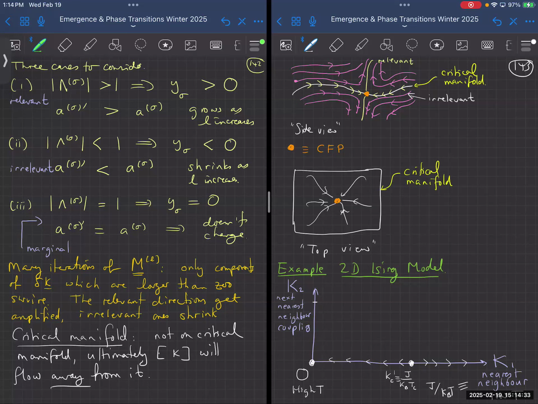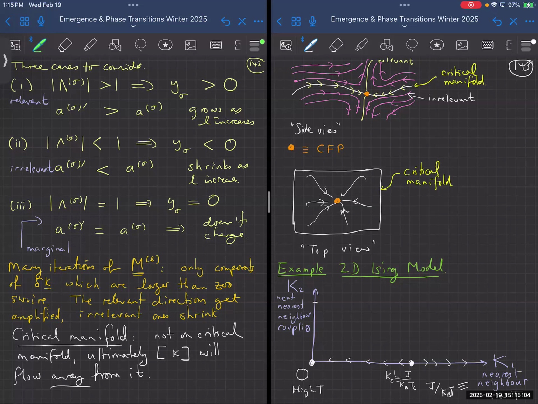So you could say, let's suppose I started with the next nearest neighbor Ising model. There's no nearest neighbor interactions at all. What you know is going to happen is that it's going to generate all other interactions. But it's also going to generate nearest neighbor interactions, since I've got some nonlinear function of all the coupling constants.